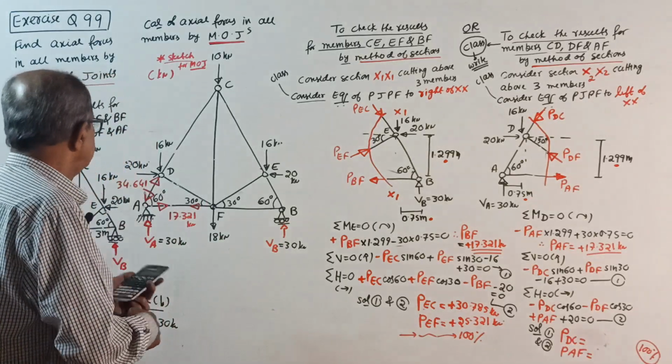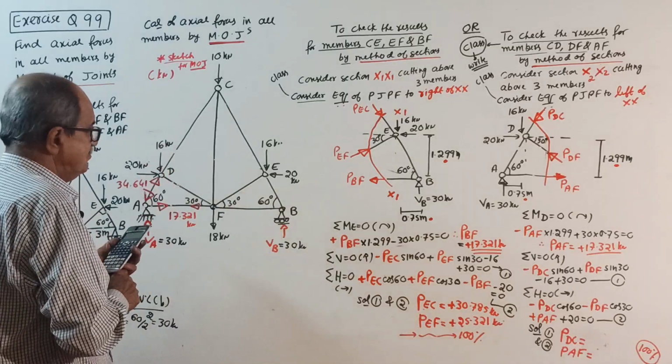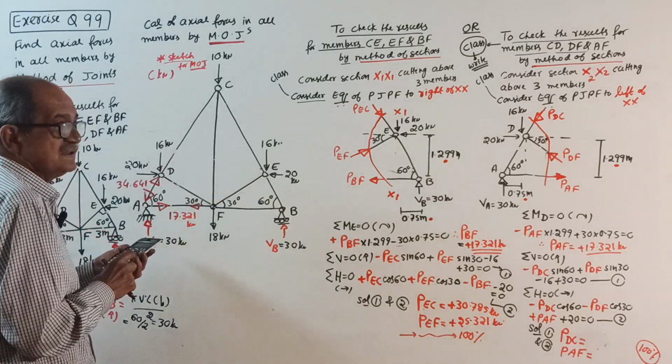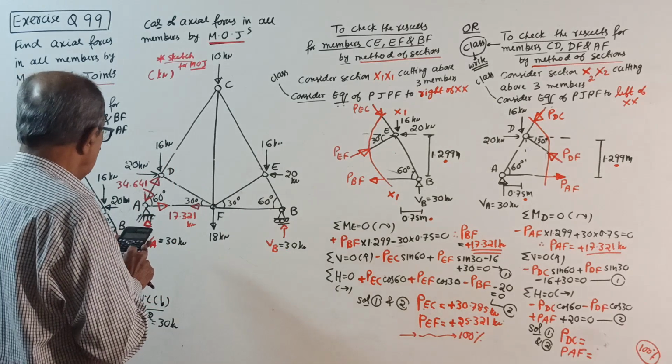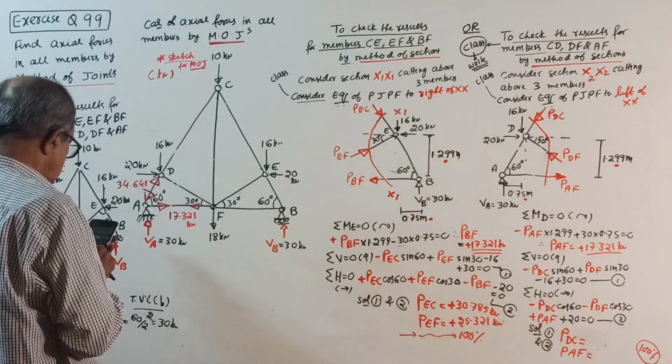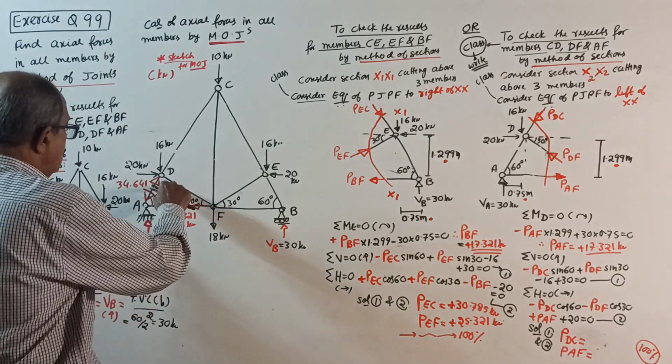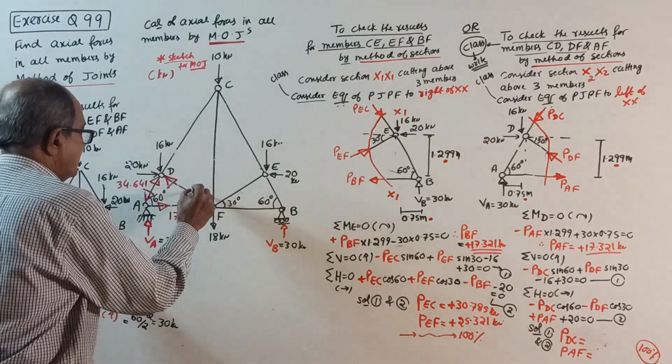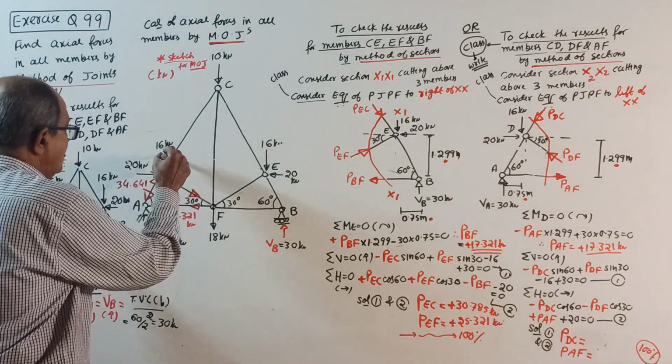Okay. Now I will first resolve normal to this member. This I will not explain, because if I explain, it will take some time. Not required. 30, 60. Okay. Got the direction. Then surely this way.